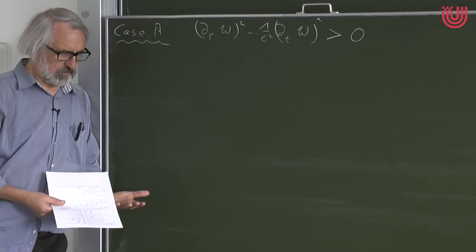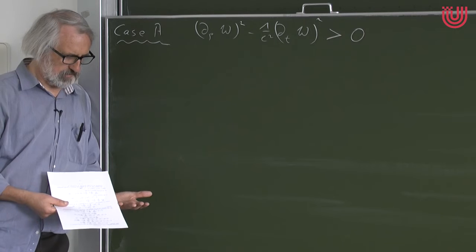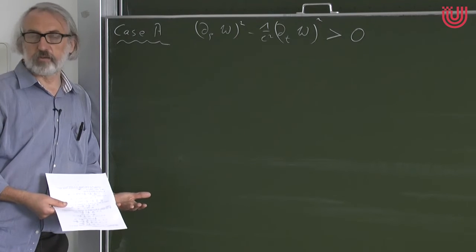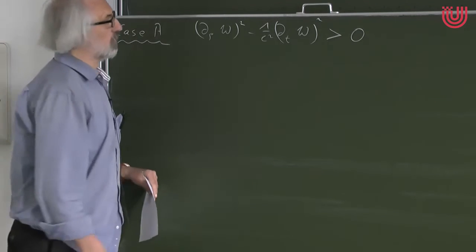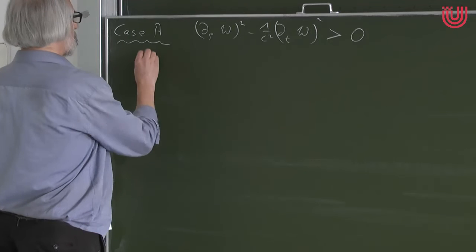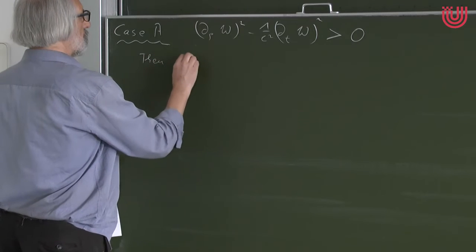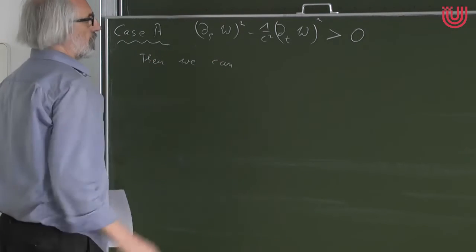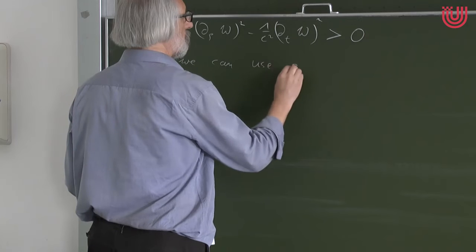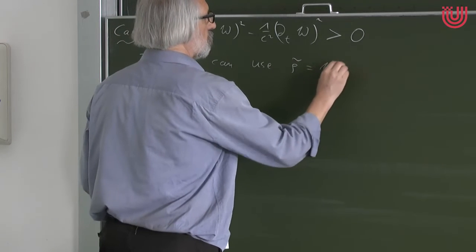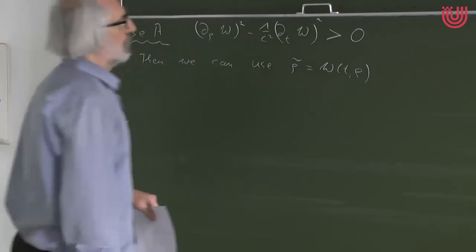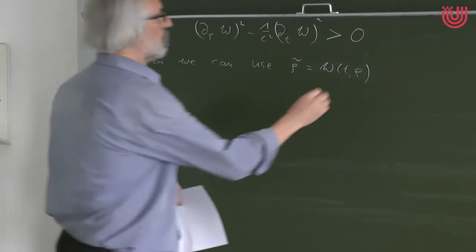So you can use a function only as a coordinate if its gradient is non-zero. But this is here true by assumption. So then we can use ρ tilde, which is W of t and ρ, as a new coordinate.